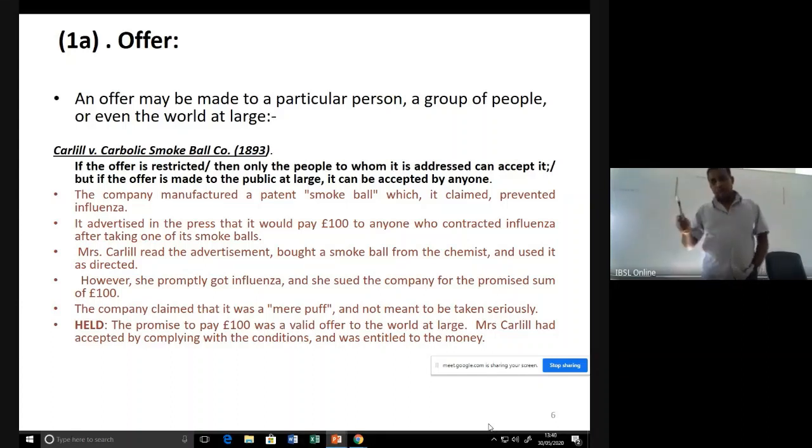If Kamal accepts, then there is a contract, or rather an agreement, between me and Kamal. Say Kamal is not there, but Nimal sees my offer and he accepts. The offer is addressed to Kamal. Kamal is not present, but Nimal is present. Nimal accepts.